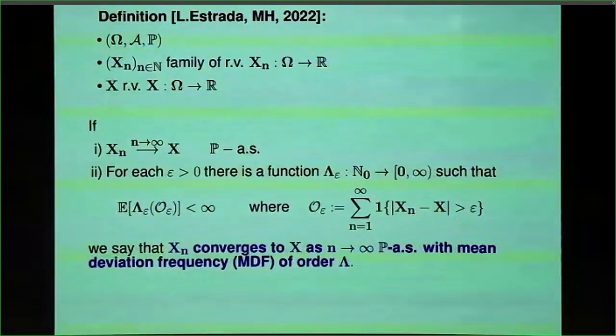This means this number will be finite. The question is, how many times will it happen? So how big is the probability to make more than k errors for some fixed level of epsilon?